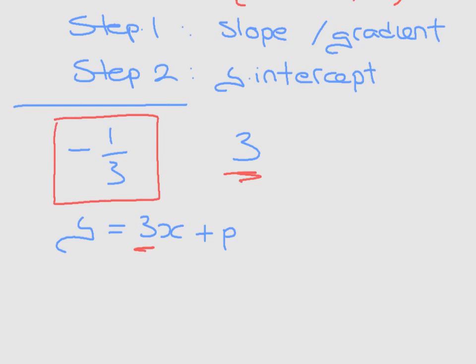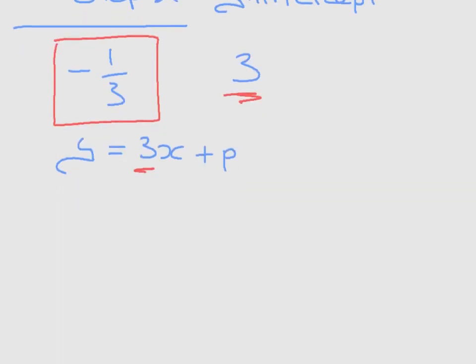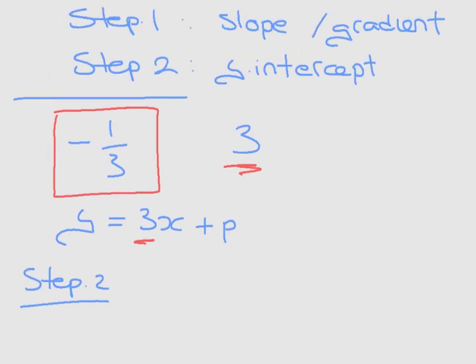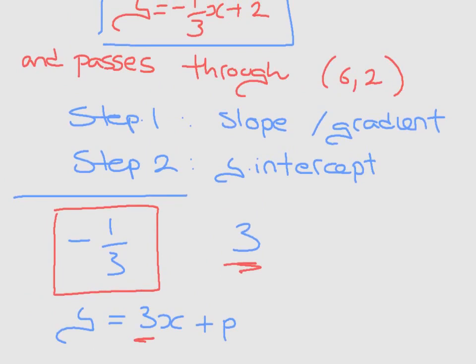Now, our second step is going to be to find the y-intercept. And I'll just write that here, step 2. To find the y-intercept, we're going to use the point that was given to us in the question. If I just scroll back up for a second, we were looking for the line which passed through the point with coordinates (6, 2).